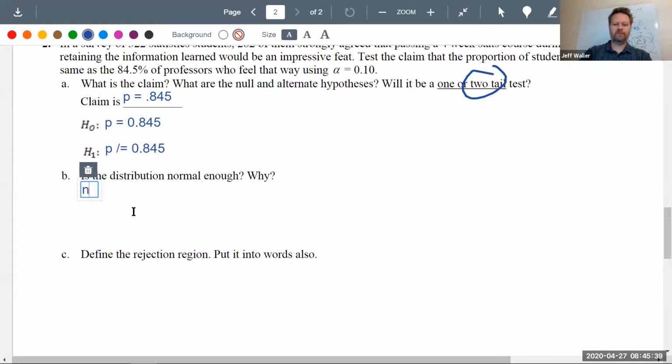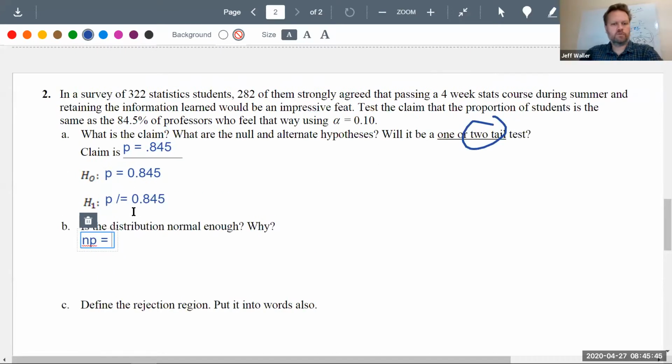Is it normal enough? Did anybody do what np is? What's n? What's n? 322. What's p? Shouldn't have to do any work. No work required. Yes, that's what p is. So what's that? I don't know.